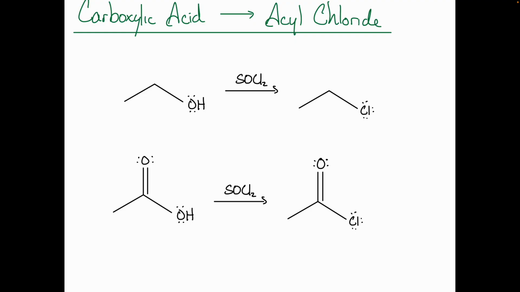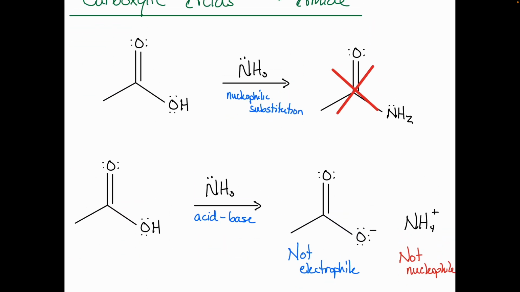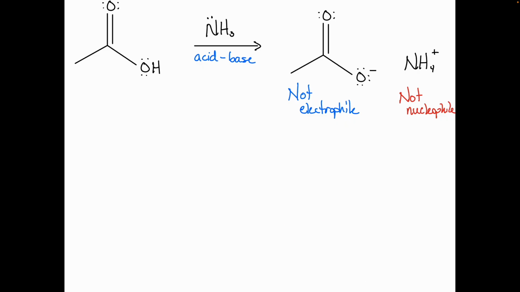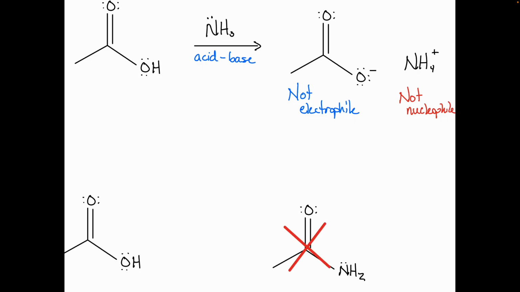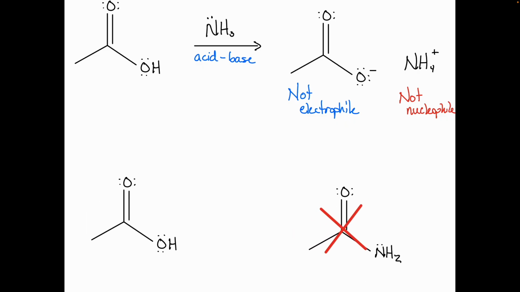All right, so that means that if I did want to create my amide from my carboxylic acid, I could do it. I just wouldn't be able to do it in this one step here. We would first convert that carboxylic acid into an acyl chloride using thionyl chloride.